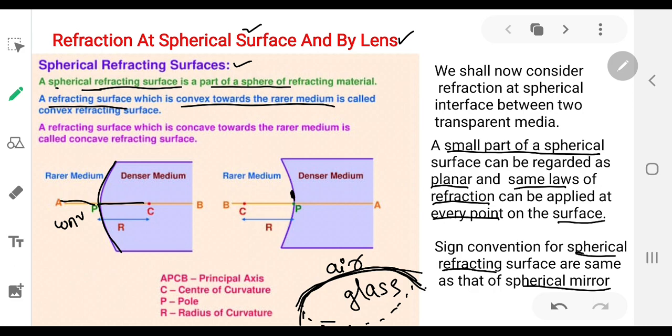Heights measured above the principal axis are taken positive and below the principal axis are taken negative. So here we studied only one spherical refracting surface.